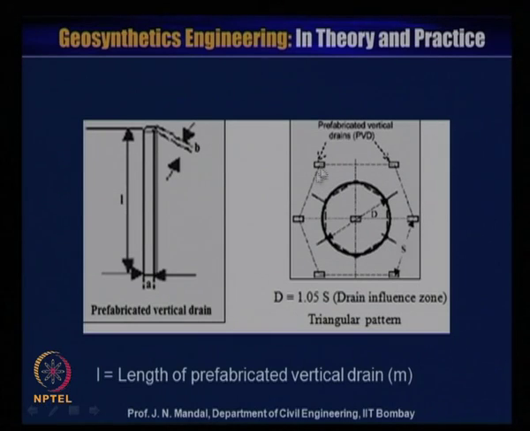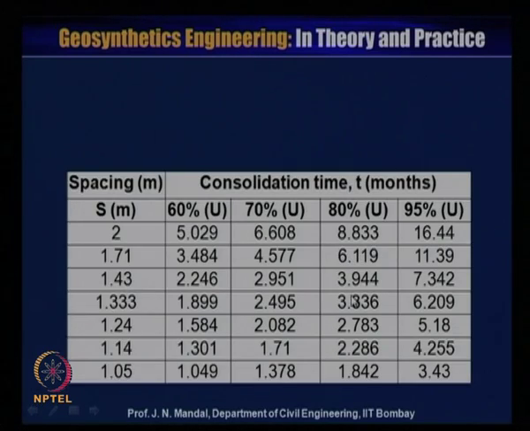Okay, this hexagon we almost put as the equivalent diameter, and that is what D is. So, in case of triangular pattern, that is why D will be 1.05 into S, and L is the length of the prefabricated vertical drain in meter.